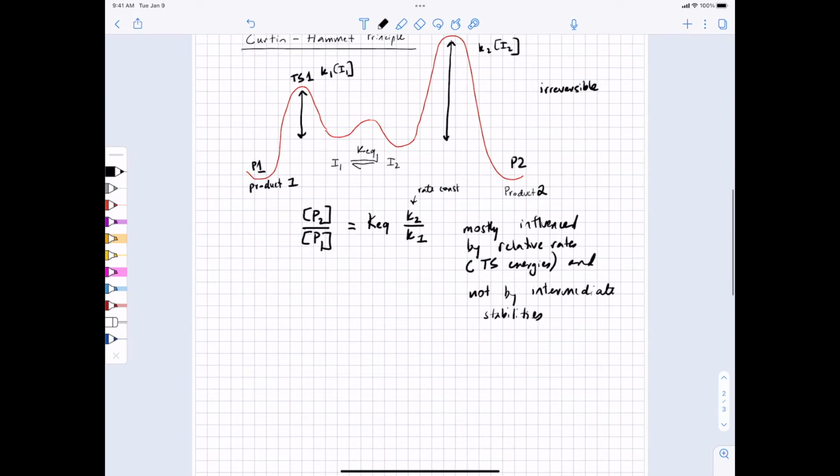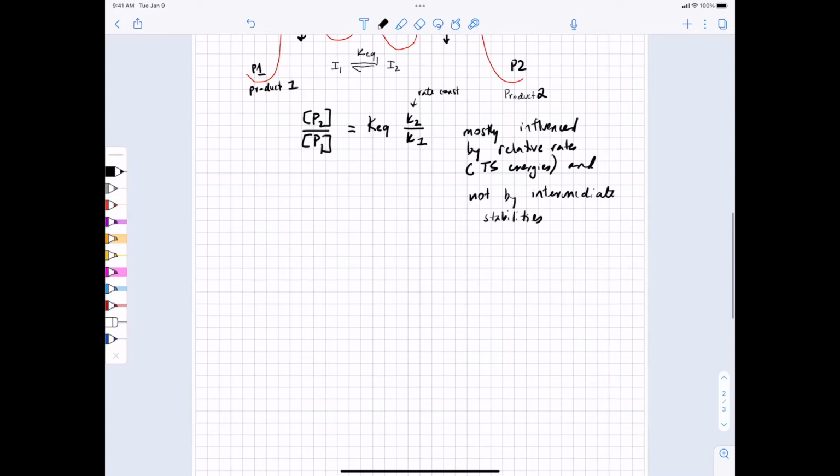Okay, so let me give you an example of when this is the case. We're going to consider addition of a nucleophile to the following, we'll say, ketone, where the ketone has a large group here, a small group.